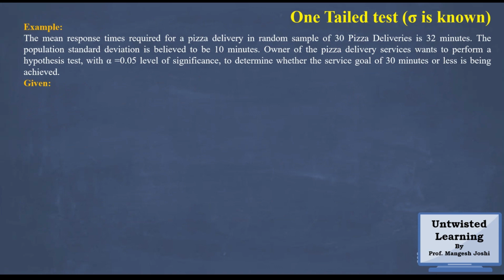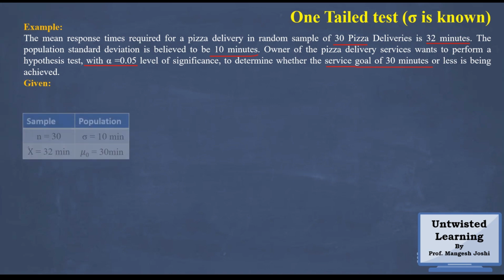Let us see one example of a one tail test, sigma known. The mean response time required for a pizza delivery in a random sample of 30 pizza deliveries is 32 minutes. The population standard deviation is believed to be 10 minutes. The owner of the pizza delivery service wants to perform a hypothesis test with level of significance 0.05 to determine whether the service goal of 30 minutes or less is being achieved, or otherwise you will get a pizza free.